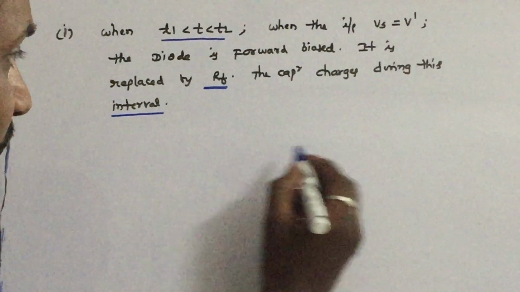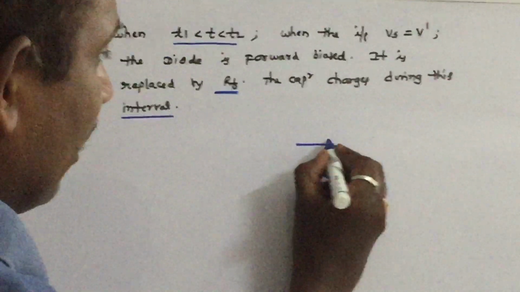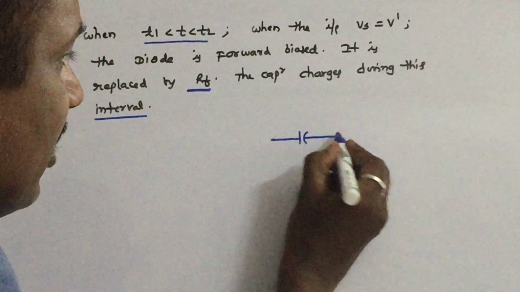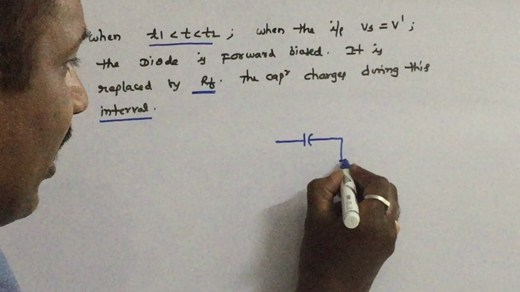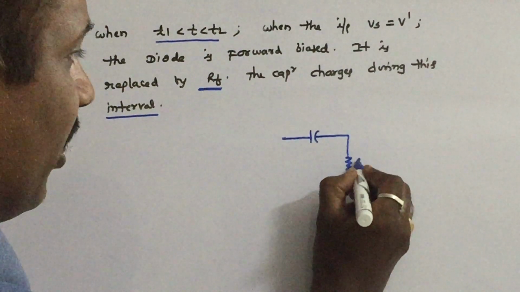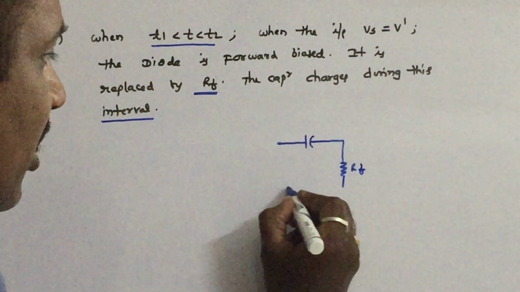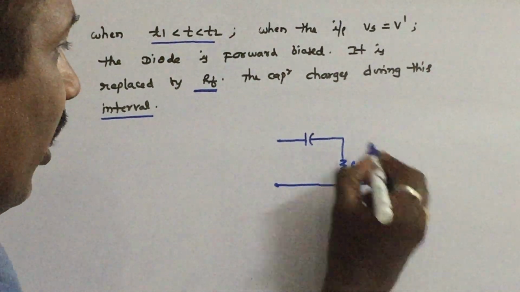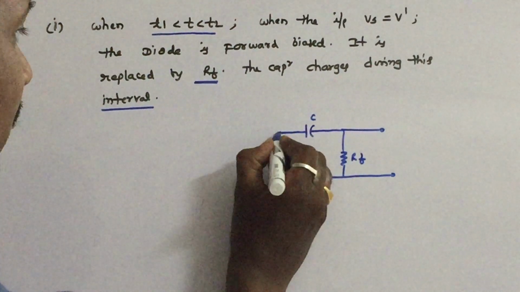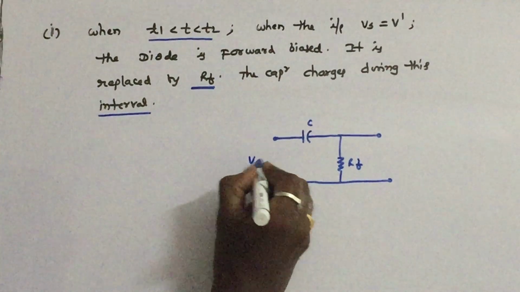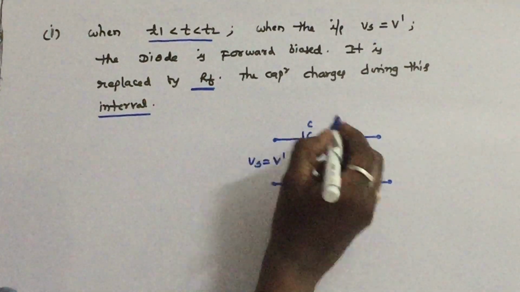So let us draw the circuit. Just the capacitor, since the source resistance I have assumed as 0, what is the equivalent circuit? RS is 0, just replace the diode with RF only. So this is the C. When Vs is equal to V dash, the capacitor charges.